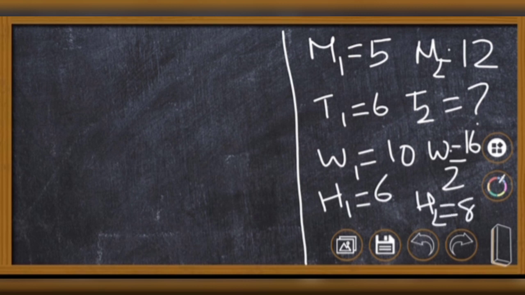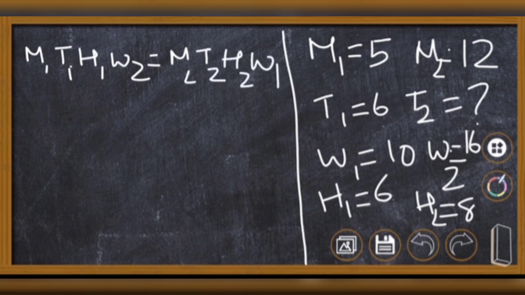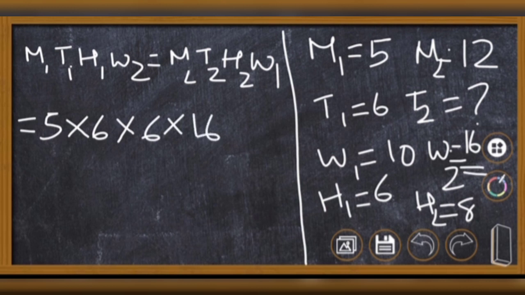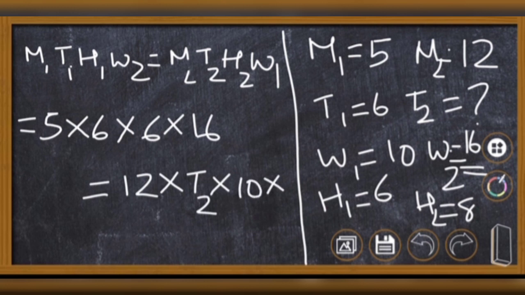Now we will substitute these figures in the equation. So M1 into D1 into H1 into W2 is equal to M2 into D2 into H2 into W1. Now what is M1? 5 into D1 that is 6, into H1 that is 6, into W2 that is 16, will be equal to M2, that is 12, into D2 into H2, that is 8, into W1, that is 10.